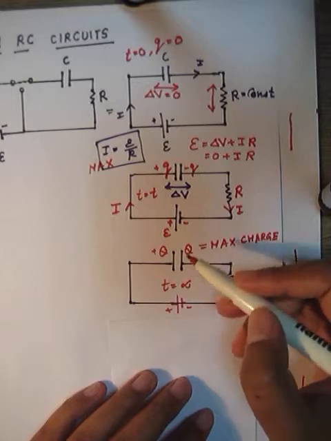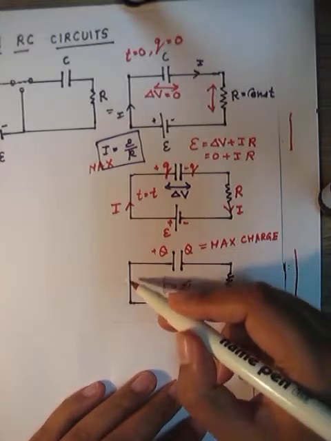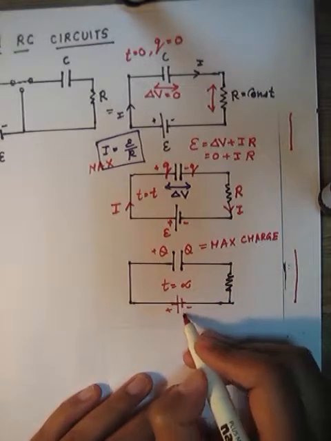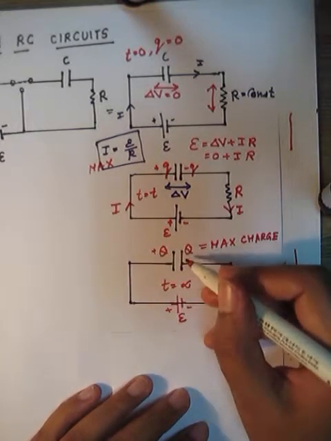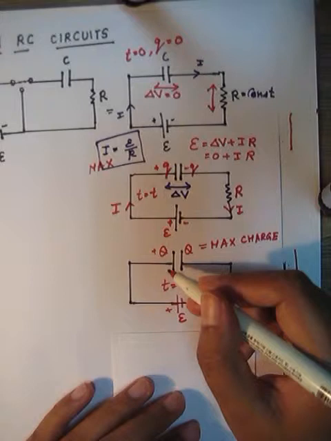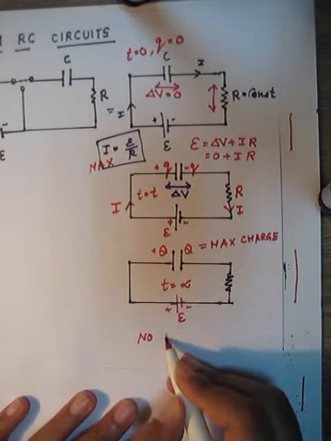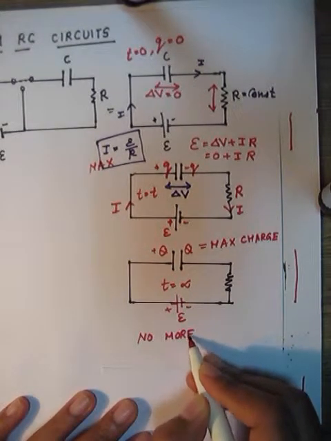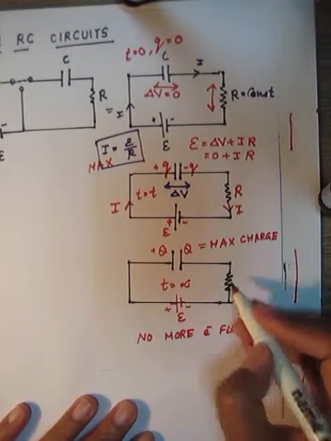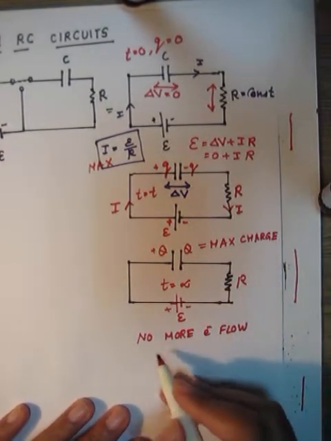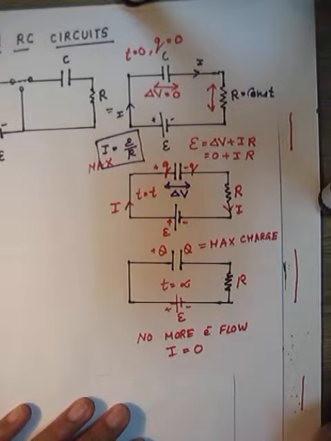So when the charge is maximum on the capacitor, no more electrons will flow from the source of EMF to the capacitor. So no more electron flow will take place. So the current in this case will be equal to 0.